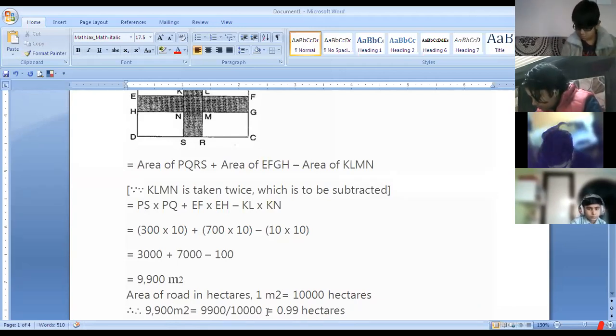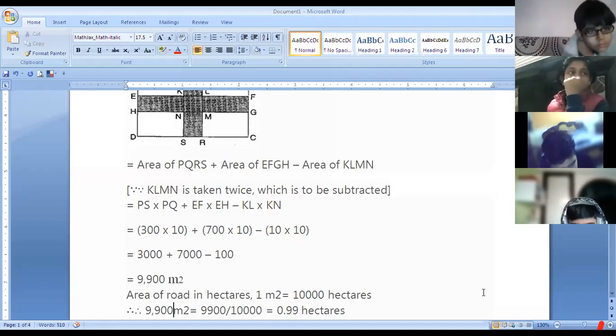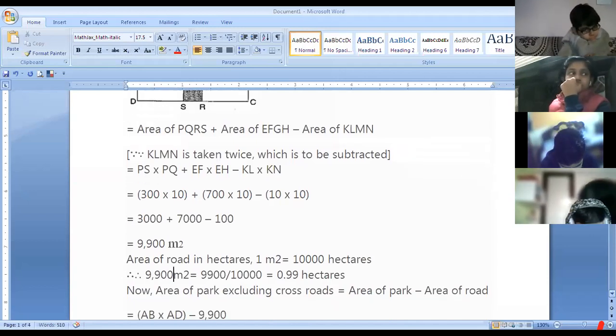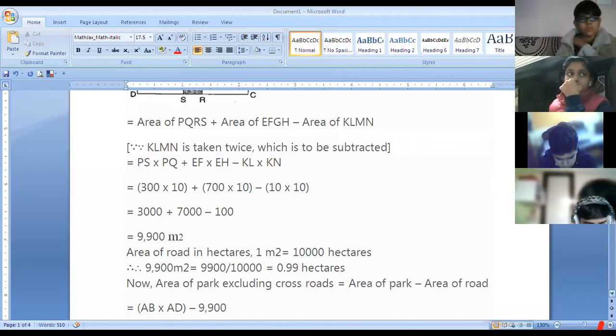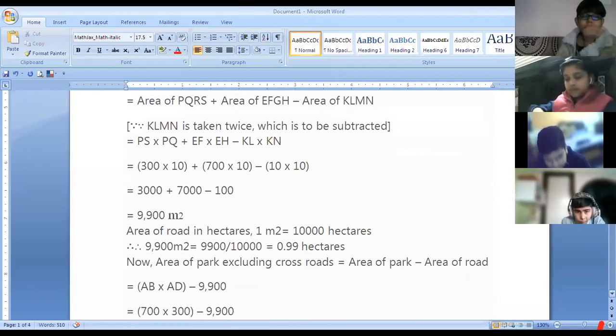Now they are again asking for the area of the park excluding the crossroads. The park is 700 by 300, length and breadth. So the area of the park will be 700 into 300, and we have already taken out the area of the road, 9,900 meter square, so subtract it. 700 into 300, 7 3s are?